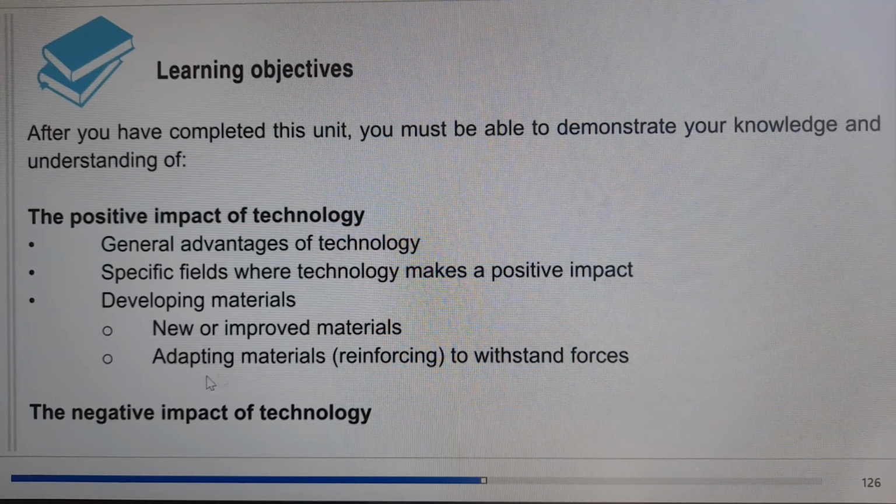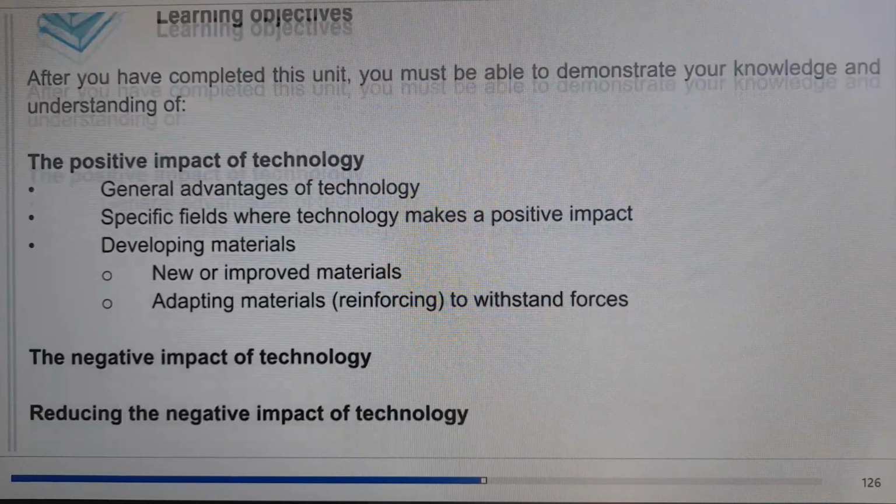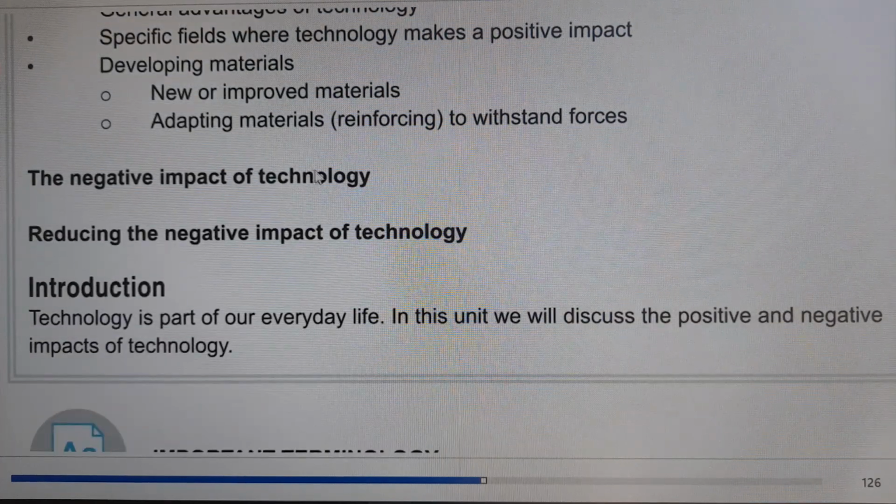It's adapting materials to withstand forces. And you also need to know the negative impact of technology. You also need to know and understand how to reduce the negative impact of technology.